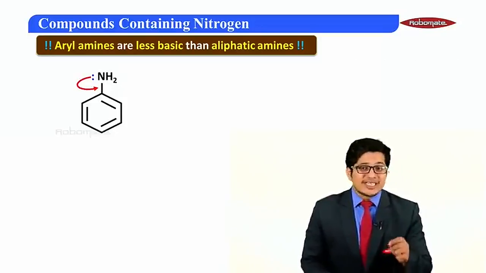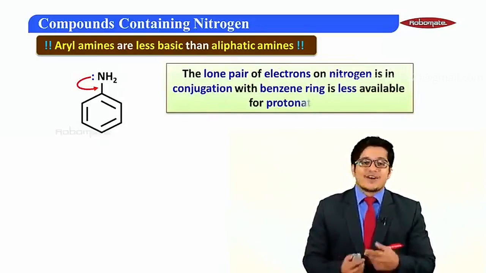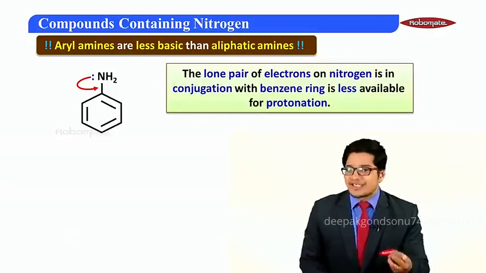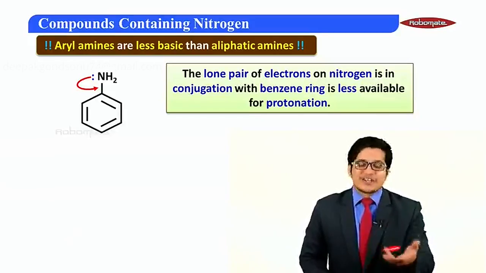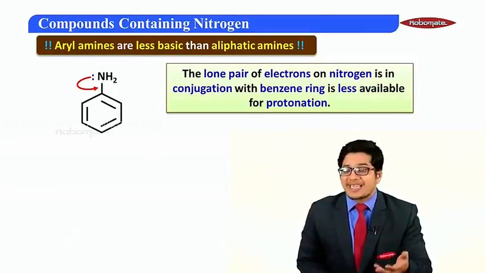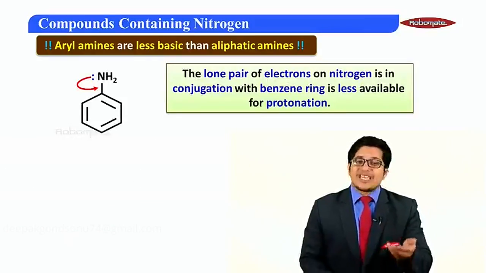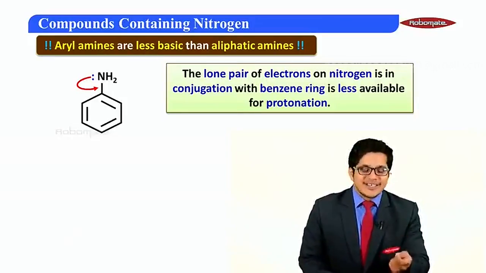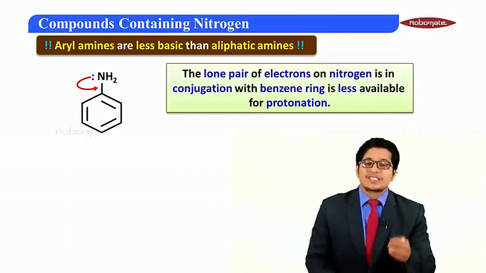NH2 would donate its lone pair towards the benzene ring, and because of this conjugation, fewer electrons are available for donation. And if there is no donation of electrons, this compound would not act as a Lewis base, because any compound which accepts electrons acts as a Lewis acid, and any compound which donates electrons is a Lewis base.